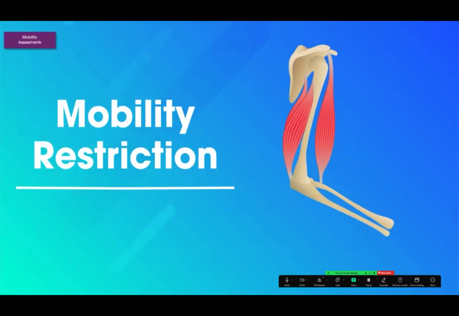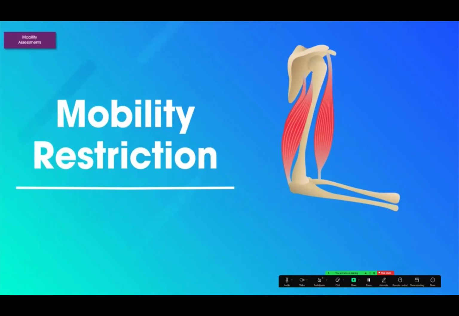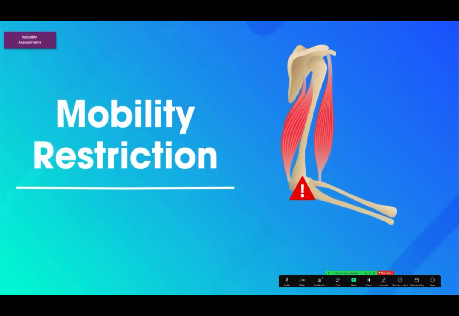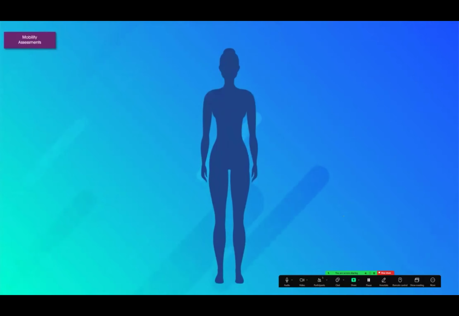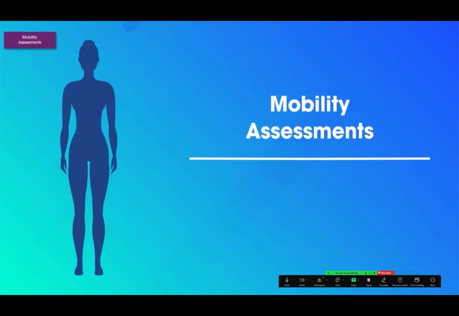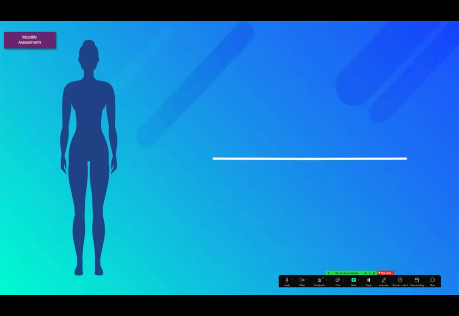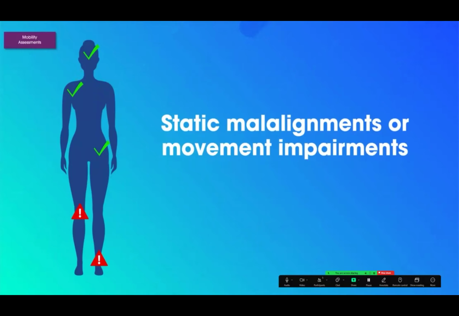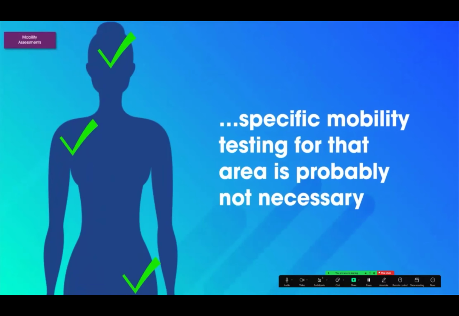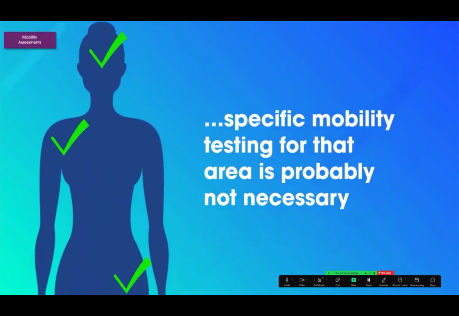Another thing you may run into is mobility restriction, where a joint doesn't move through its full range of motion. Be sure to approach mobility assessments within the context of the 5 kinetic chain checkpoints. If the client doesn't demonstrate any static malalignments or movement impairments at a kinetic chain checkpoint, specific mobility testing for that area is probably not necessary.